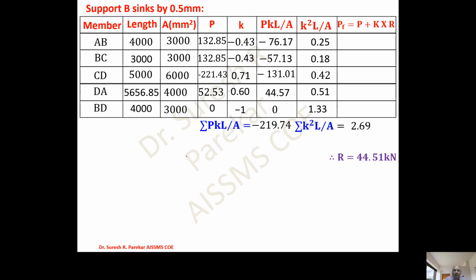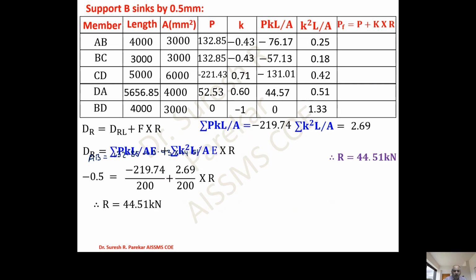Then we have to find the final forces in the members, and we know we have this formula, that is Pf is equal to P plus K into R. Now if we go for AB, then we have P as 132.85, the value of K we have as minus 0.43, and R we have 44.51.